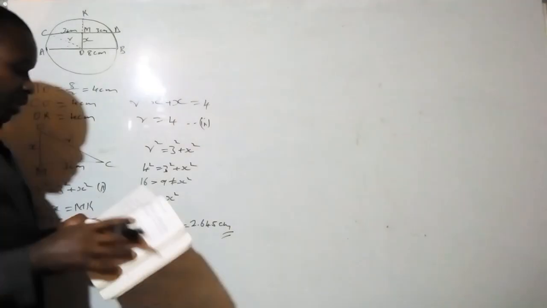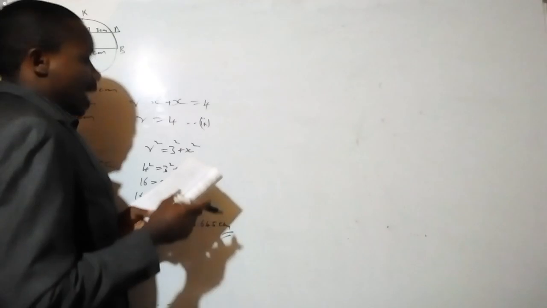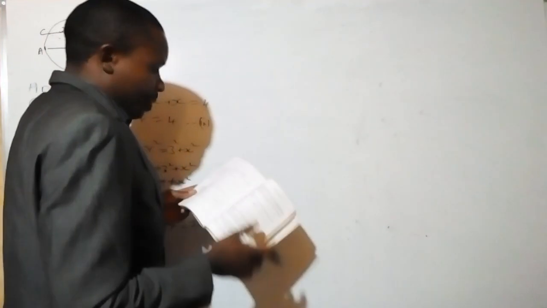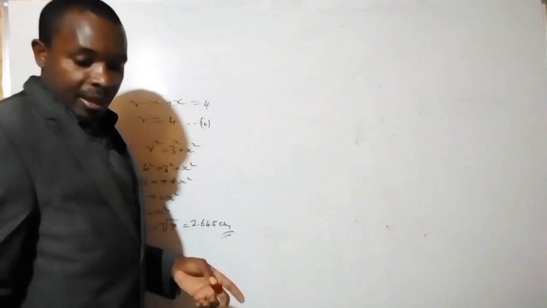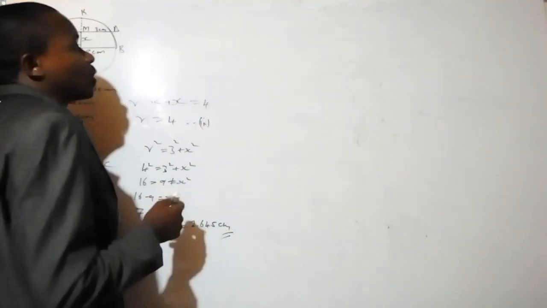Next, I wanted us to proceed, first of all, to solve some questions on binomial expansion. This way we are supposed to use Pascal's triangle. Yesterday I recall showing you how to develop that Pascal's triangle, and we said that we start with 1.